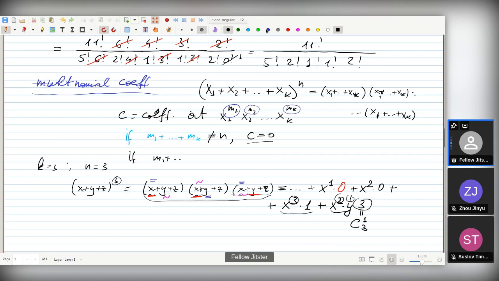But assume that it equals n. What will the coefficient be? What will it be?